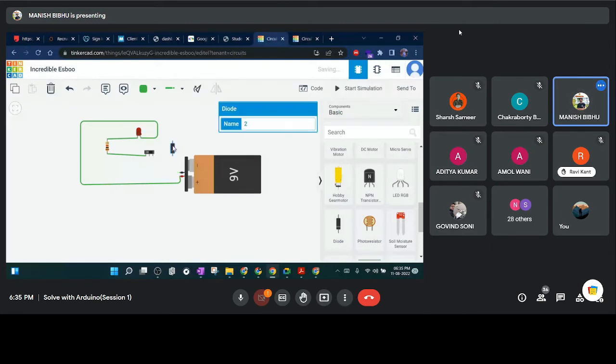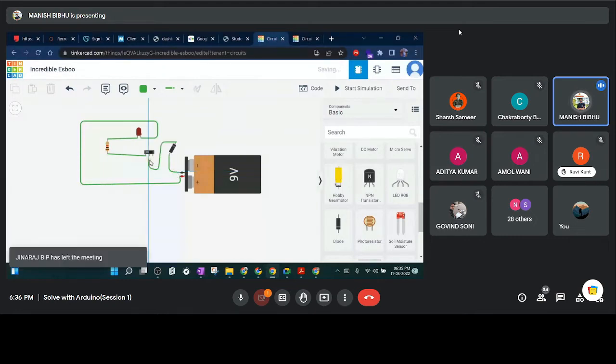Now the anode is connected to the negative terminal and the cathode to the positive. See, it is not working, the LED is not lighting. So a diode is basically used to protect from wrong connection. If we mistakenly connect the positive terminal to a negative terminal of a device, it will protect it and won't pass the current. So a diode is used for a one-way power supply.